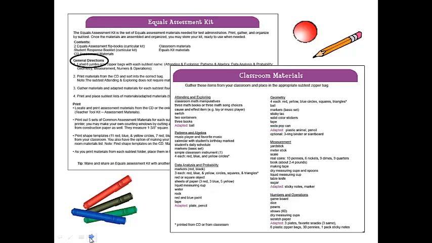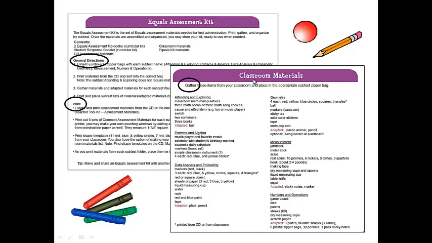You will need jumbo zipper bags or other containers to store these materials in. So you'll notice that there are items you will need to print from the Equals CD as well as from the members only site. The other side contains materials that you will gather from your classroom.